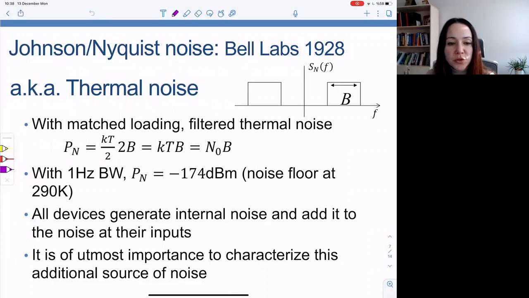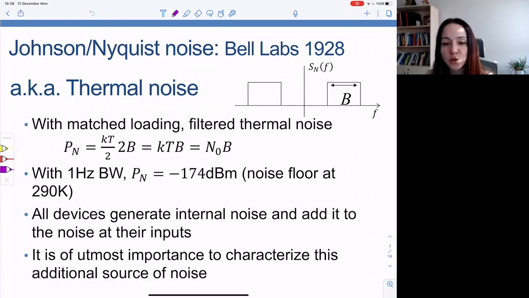Now, with 1 hertz bandwidth, Pn, the noise at room temperature at 290 Kelvin, is around negative 174 dBm. Okay, the noise floor.